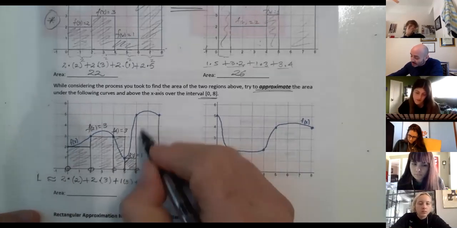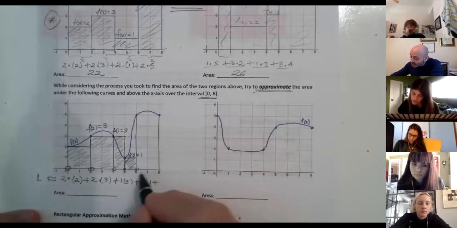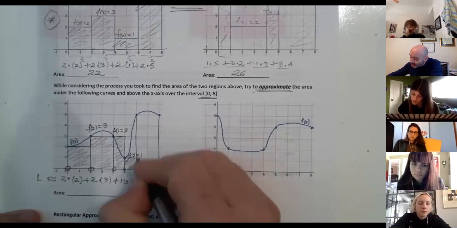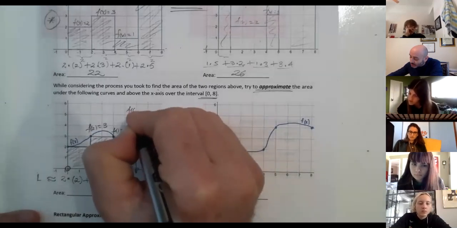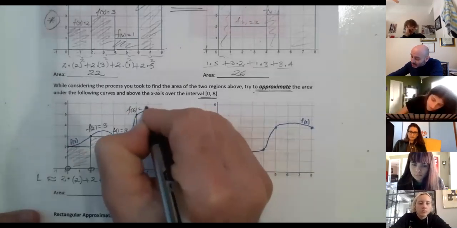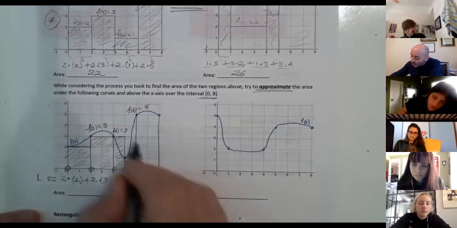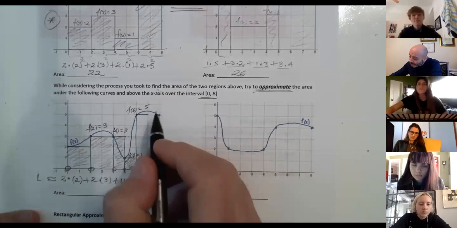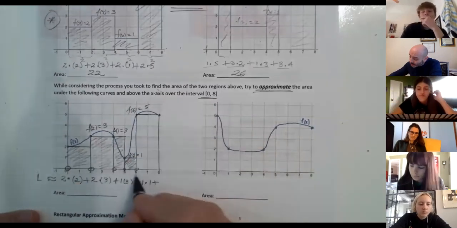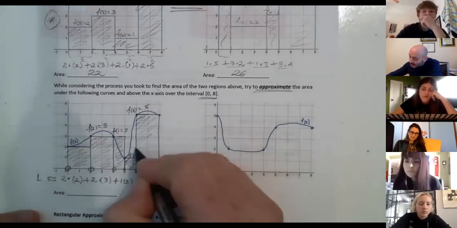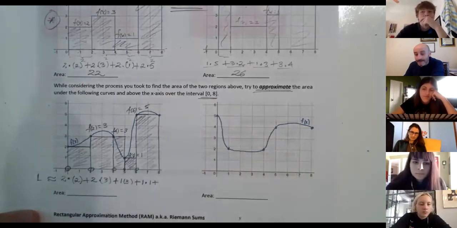For the next rectangle, this one, the left endpoint is 6. The function value is f of 6, which in this case is 5. So for the following rectangle, this is the rectangle between 6 and 8, right?